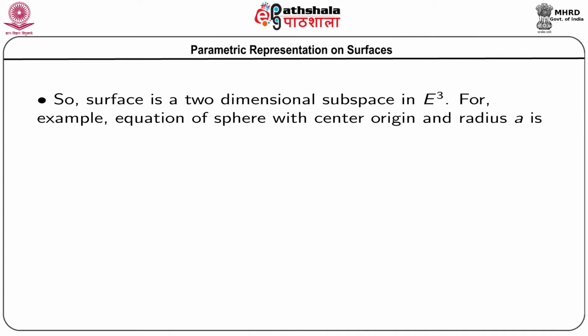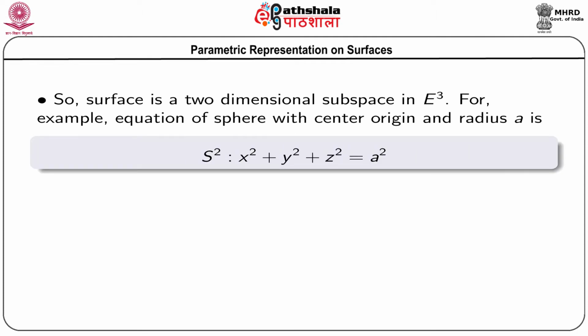Let us consider an example. We take the equation of a sphere with center at origin and radius a: x square plus y square plus z square equal to a square. Though it is written as a function of x, y, z, we are denoting this by S2 because it has 2 independent variables and the dimension of this space can be expressed in S2.